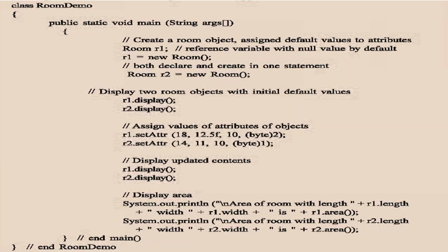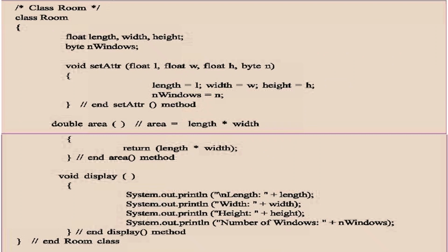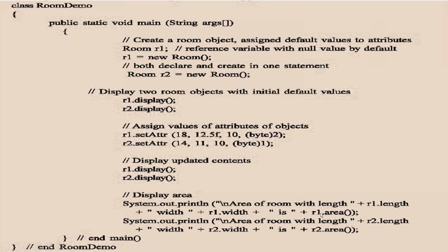And then r1.area method. So here we are calling the area method, and as you know, the area method is doing one simple thing. It is multiplying length and width, and it returns that multiplication to wherever it is called from. So it is called from here. Here it will return the multiplication of length and width, and same for the r2 object.